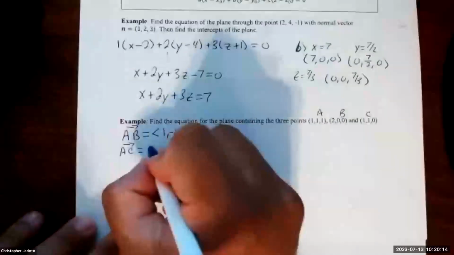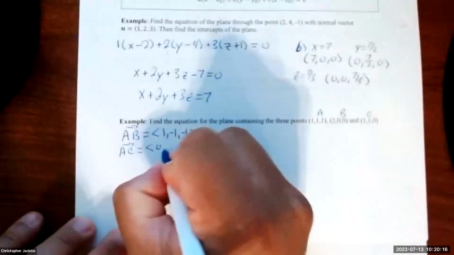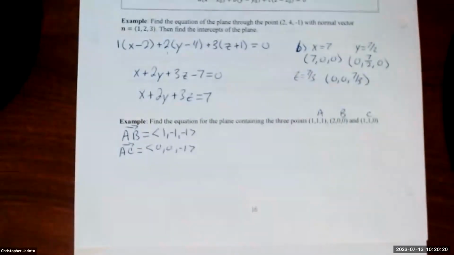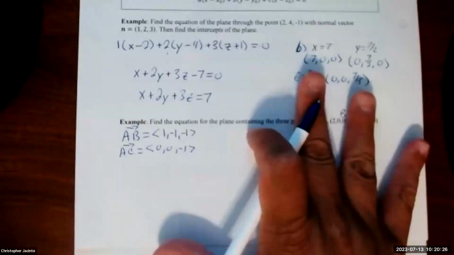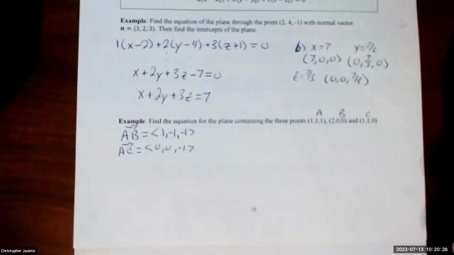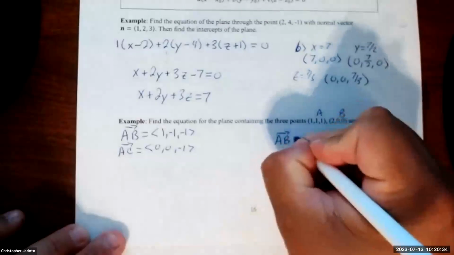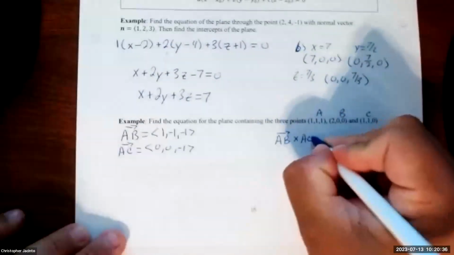So subtracting over, we should get <0, 0, -1>. Now we want a vector that's normal to these two, meaning perpendicular. So therefore, our good old cross product comes into play. Before we go any further, we have to find the cross product of these 2 vectors.